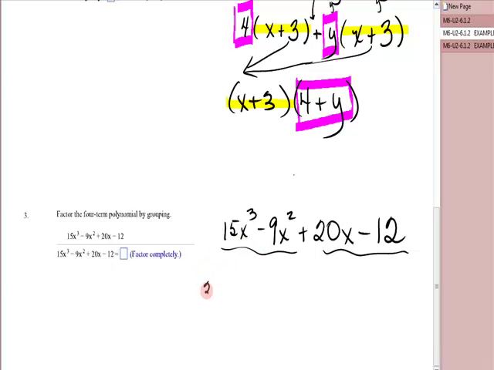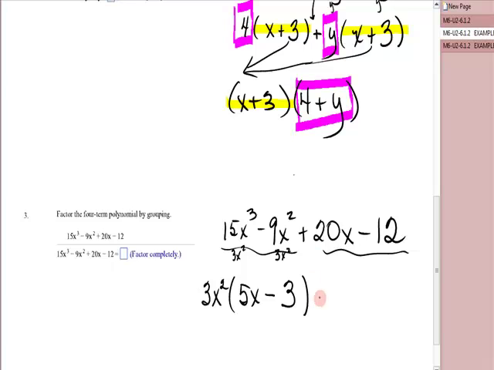Well, let's see. 3 goes into both of those. X is in both of them, and I take the low power of x to the second. If it helps you, still go ahead and write that down underneath that you're dividing. That's going to give you 5x for the first term minus 3, and those x's divide out.